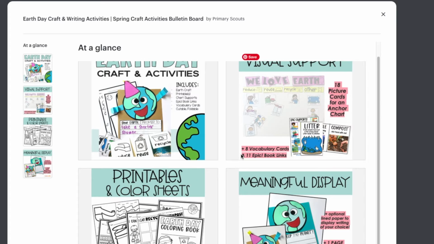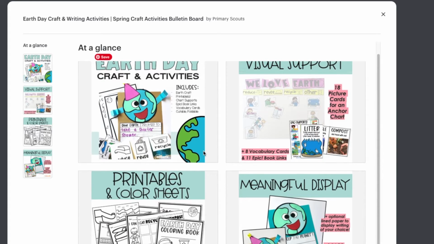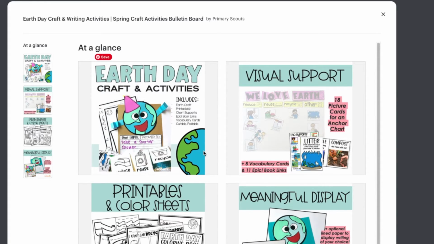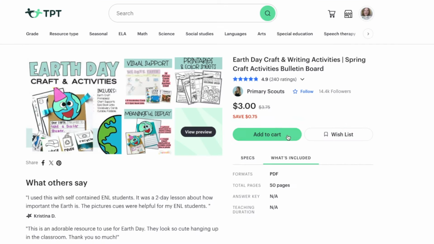She's got some 8 vocabulary cards and 11 Epic. So Epic is a book, online book thing. She's got links to there, which may or may not be helpful for some teachers. I personally have Epic in the classroom, so I could use that one. But as a whole, we're not seeing all of it. It's cute. $3, yeah, $3 that sounds reasonable.